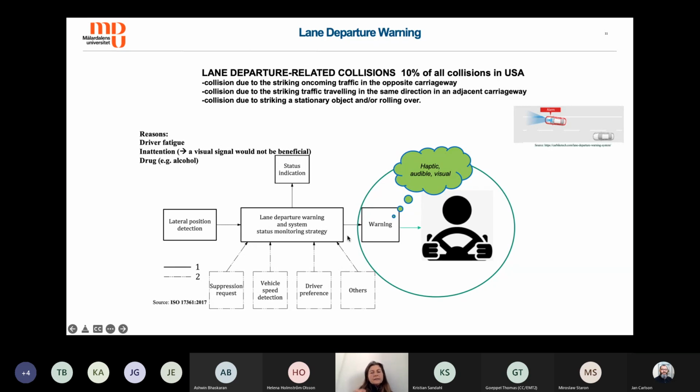So, to put a patch on this via an item mounted in the vehicle, a lane departure warning system is expected to warn the driver, according to the standard 17361, via haptic, audible, visual signals, or you can choose a combination of those. So it means that as soon as you depart from the expected lane, you get an alarm.